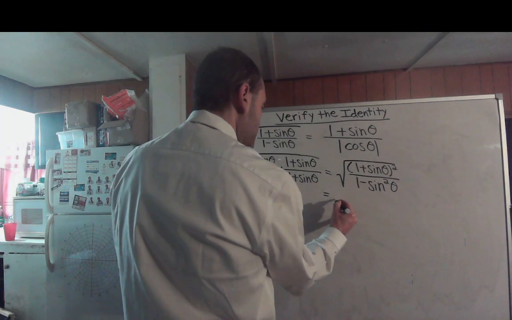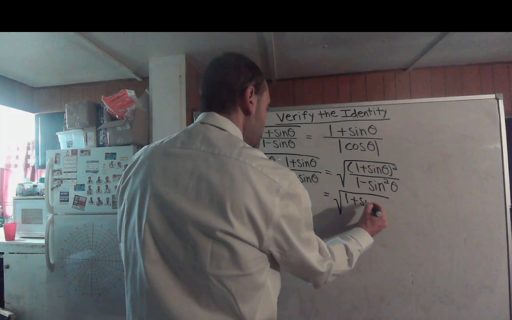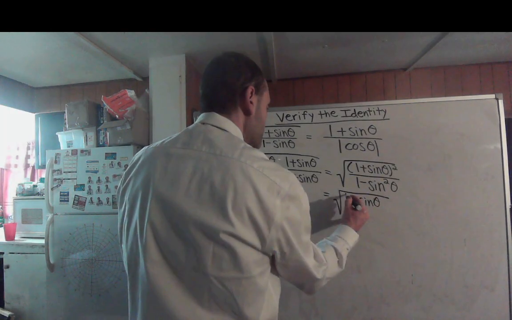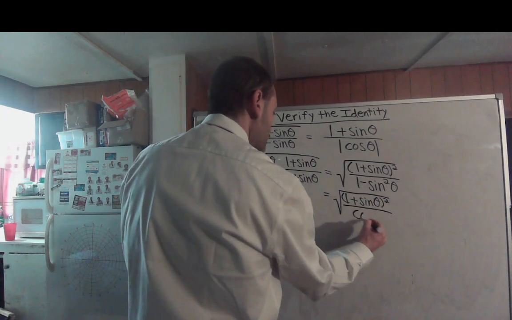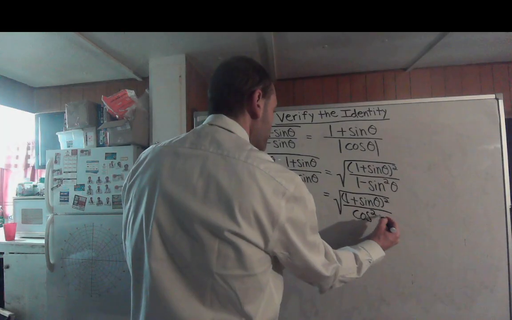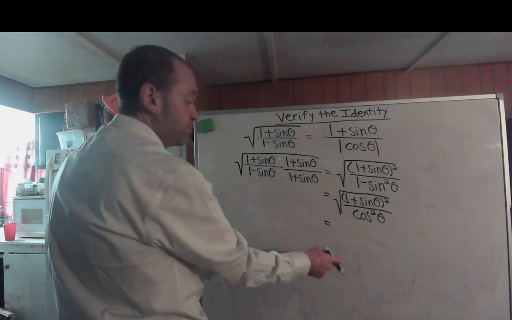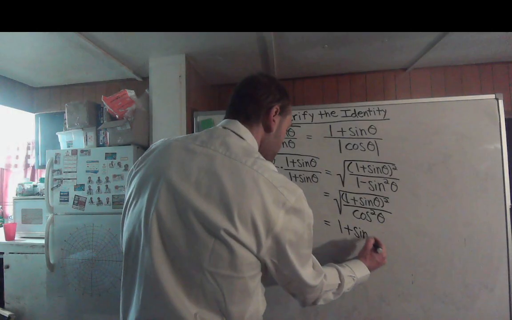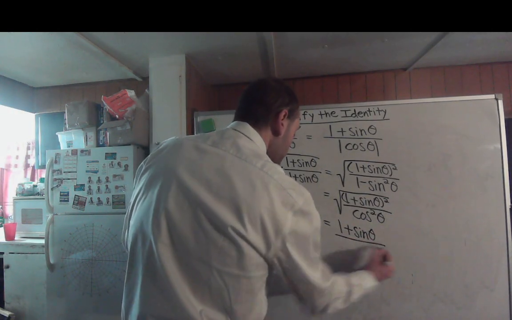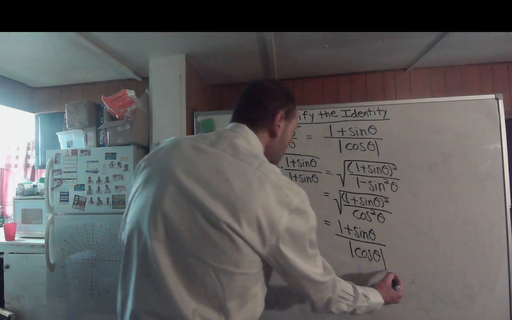That's going to end up being the square root of 1 plus the sine of theta, that quantity squared, all over the cosine squared of theta, which both will break down nicely into simply 1 plus the sine of theta all over the absolute value of the cosine of theta.